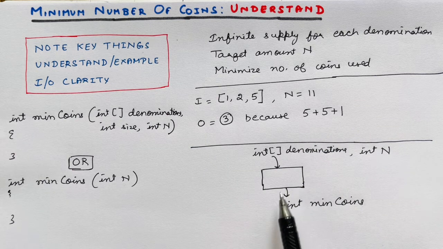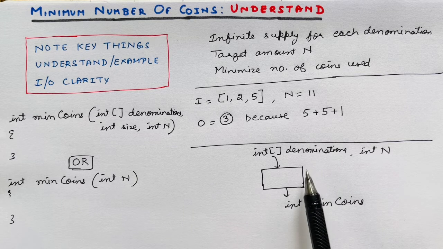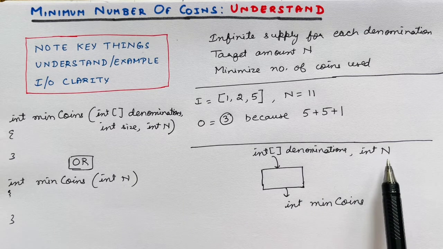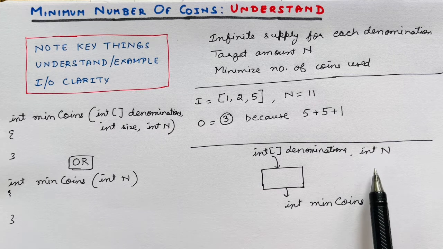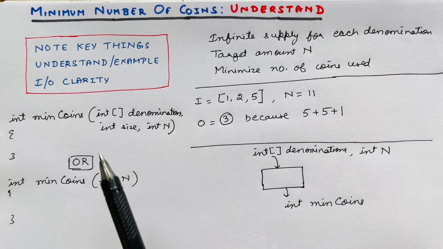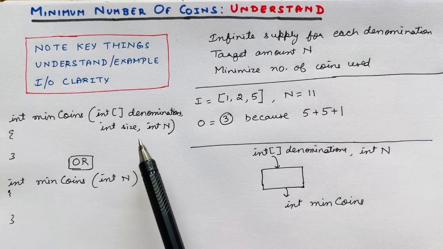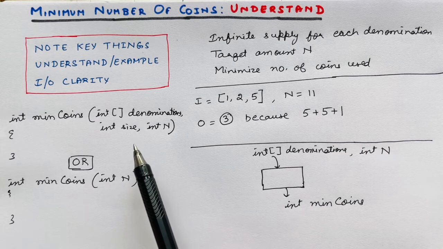So if we consider our solution as a black box, we are getting a denominations array as an input. We are also getting a target amount n as an input, and we have to return the minimum number of coins. So what will our function signature look like? Our function signature may look something like this, or it may look something like this. In the first case, the denominations array is also part of the input given to the function.